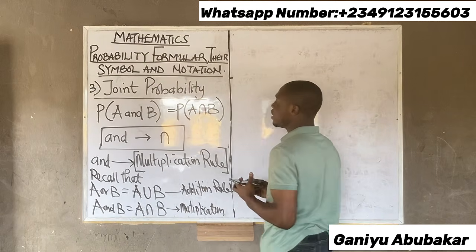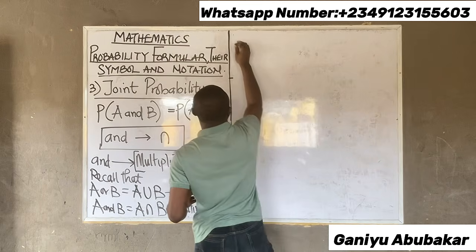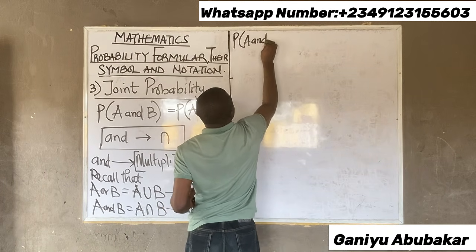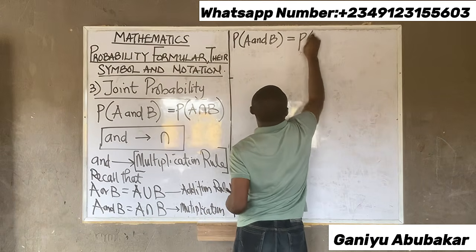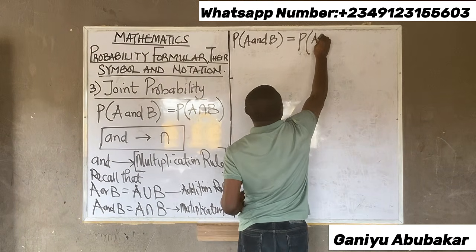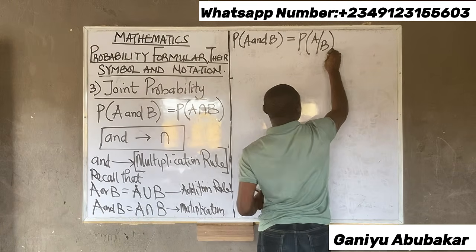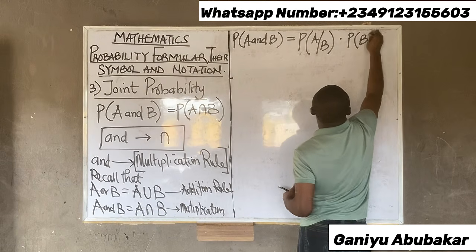Now, what then is the formula for joint probability? The probability that event A and B will occur is equal to the probability that event A will occur given that B has already occurred, times the probability that event B will occur.